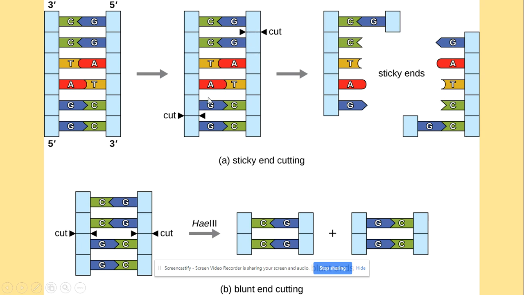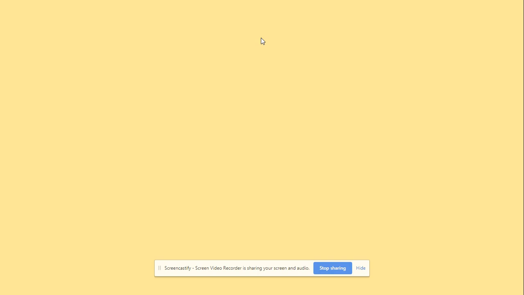As you can see from the picture here, the palindromic sequence is really interesting, because if we read that sequence from 3' to 5' and from 5' to 3', okay, so here from 3' to 5' on one strand, the sequence is exactly the same as the sequence from 5' to 3' on the second strand. So those are our palindromic sequences, the recognition sequences, where the enzyme can cut DNA, producing sticky ends.